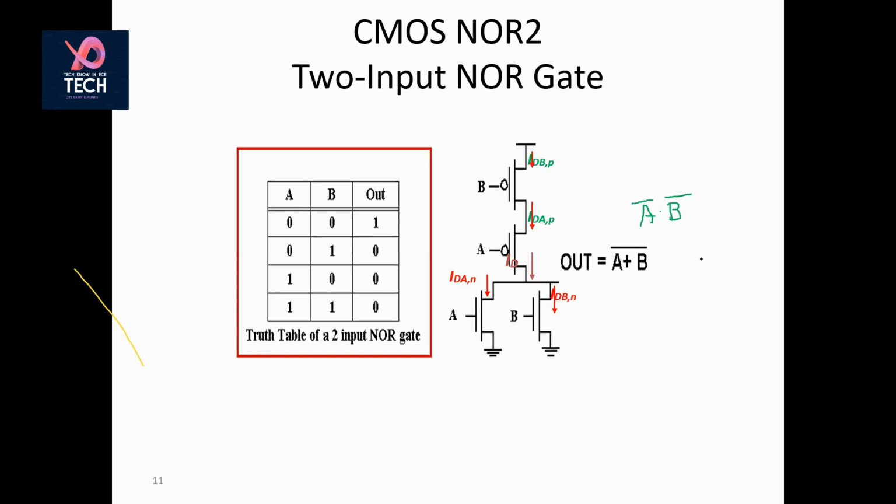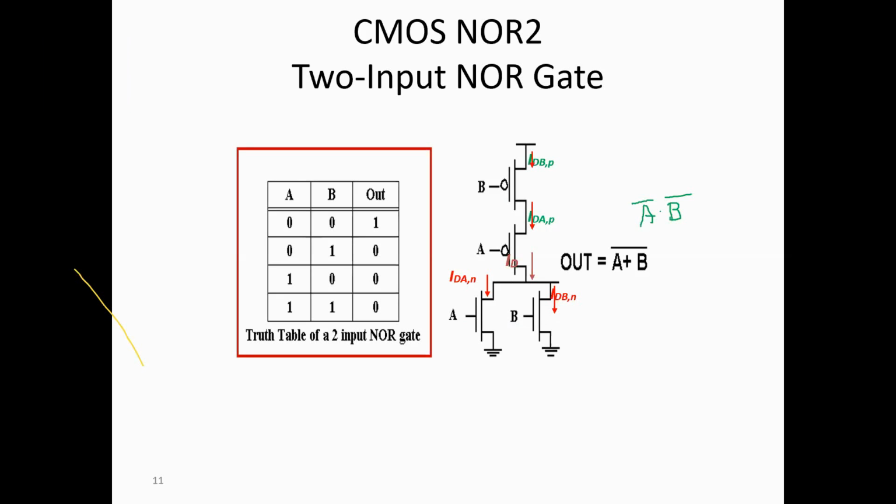So it clearly shows that multiplication is there. To get a high output, both of these PMOS should be on, so they are in series, and similarly, to get a low output, both of them should be off.